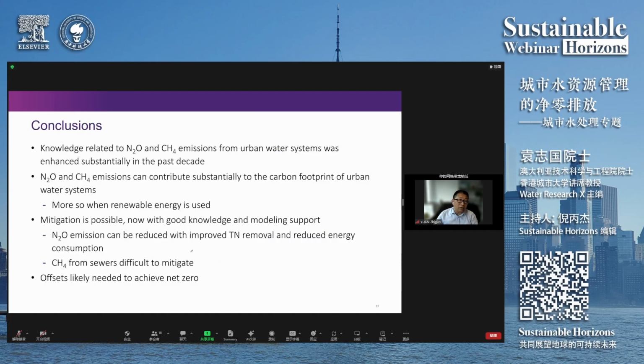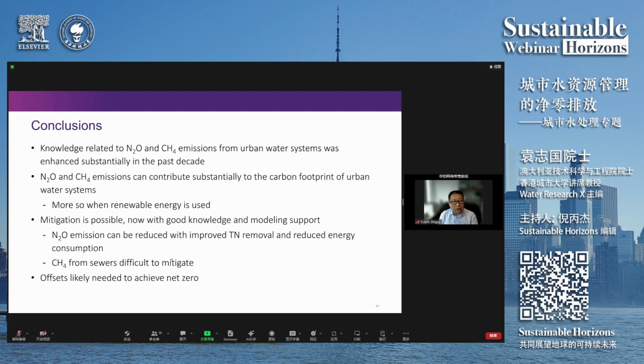My conclusions: I would say knowledge related to N2O and methane emissions from urban water systems was enhanced substantially in the past decade. Second, N2O and methane emissions can contribute substantially to the carbon footprint of urban water systems.